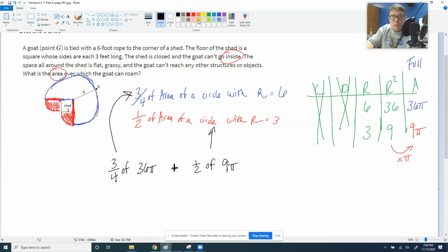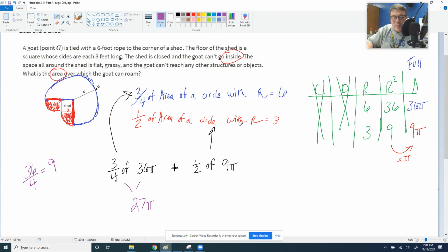So the way that this boils down, the way that this shakes out is we just got to find 3/4 of 36. So if I broke 36 up into quarters, that would be 9. We want to keep 3 of those. So this is the same as 27 pi. Looks like I need to spray down the desk for the end of class.